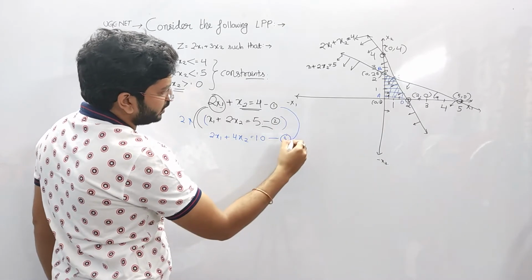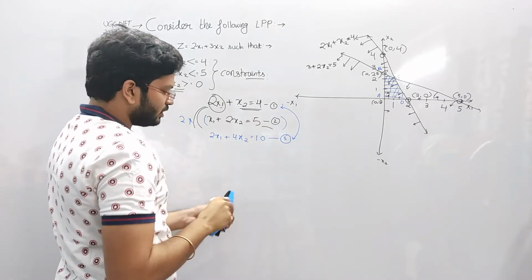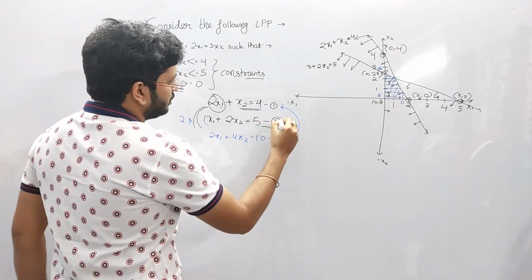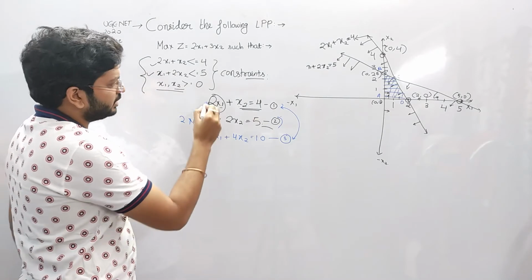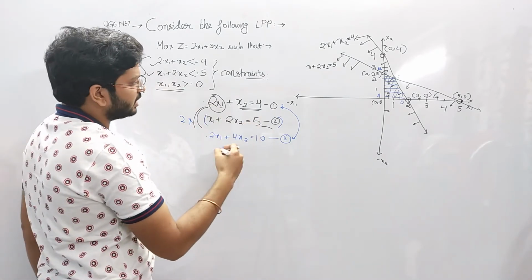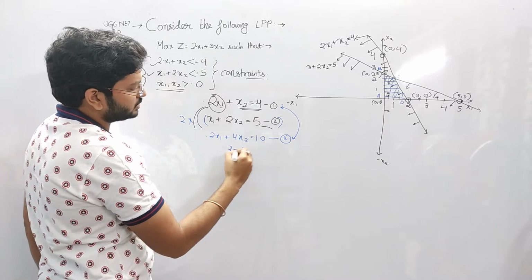Now from equation 1 and 3, here is 2x1 and 2x1, and I am subtracting, that is, doing equation 3 minus 1.